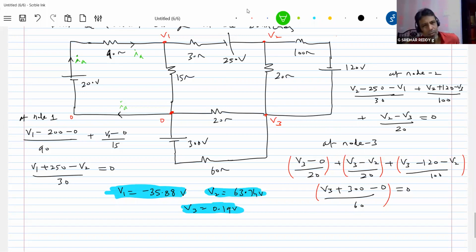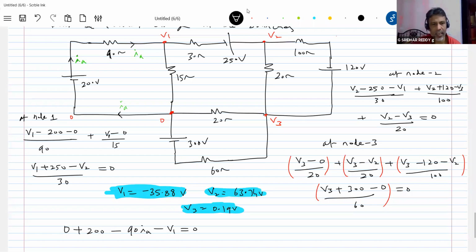So what you should do, you can start from here, 0 volt. Write KVL from here: 0 plus 200 minus 90 IA minus of minus V1. Why minus of minus V1? V1 you have to substitute with the negative sign. So I'll write down the loop equation now: 0 minus 0 plus 200 minus 90 IA minus of V1.